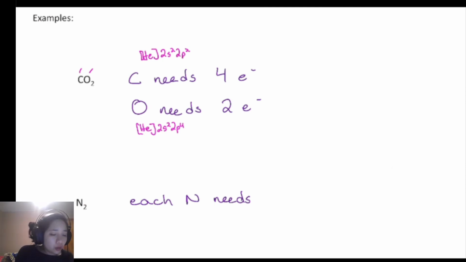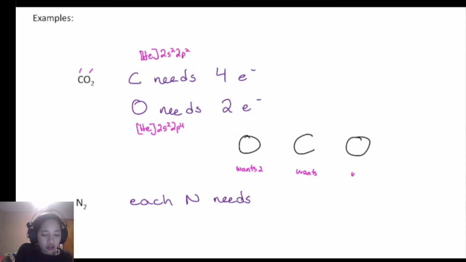So we still need to obey the octet rule when we put together our molecule. So how CO2 comes together: we put carbon in the center, and we put an oxygen on each side. Carbon wants 4 electrons, oxygen needs 2, and there are 2 oxygens in CO2. So this oxygen wants 2, carbon wants 4, and this oxygen wants 2.